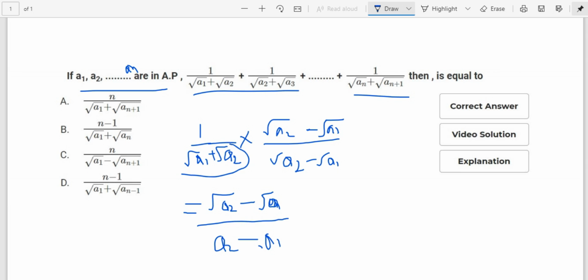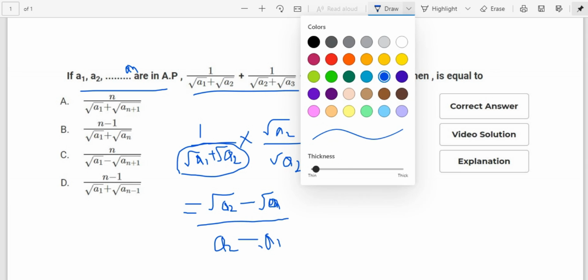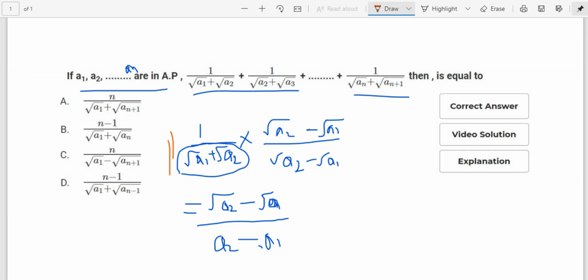I'm doing this rationalization just for removing the under root from the denominator, isn't it? Because when the denominator has an under root, it is too complex to solve these questions. So I'm removing the root from the denominator.